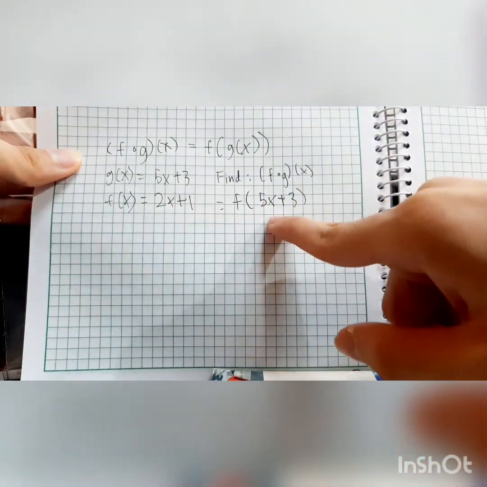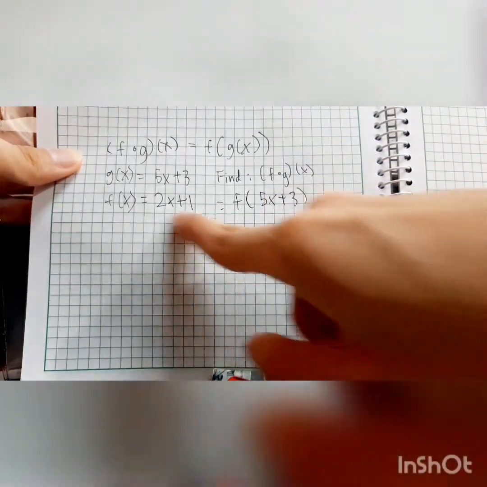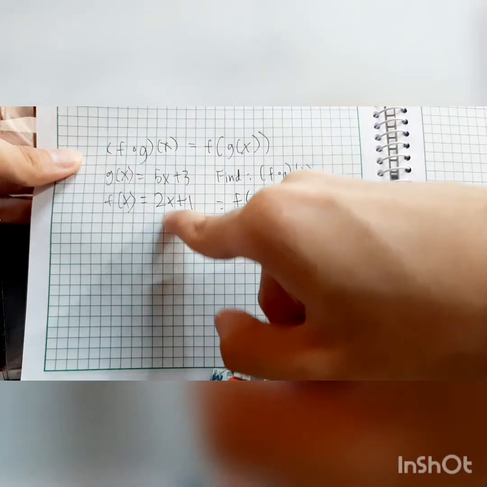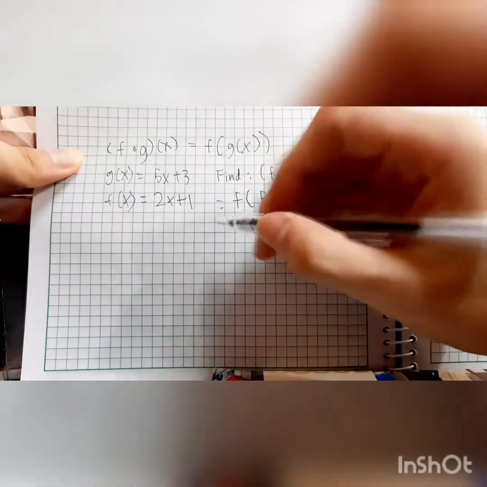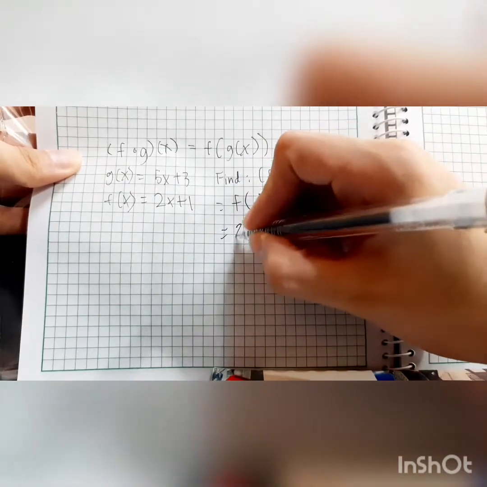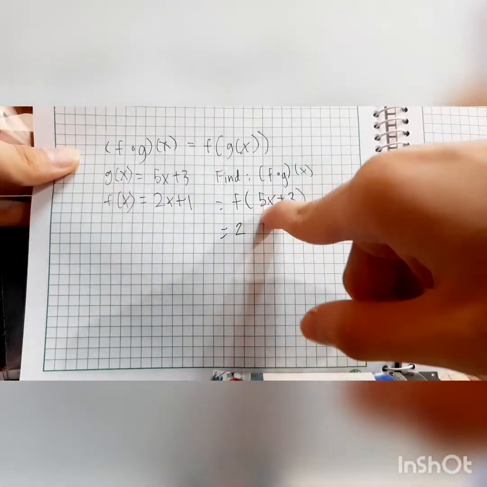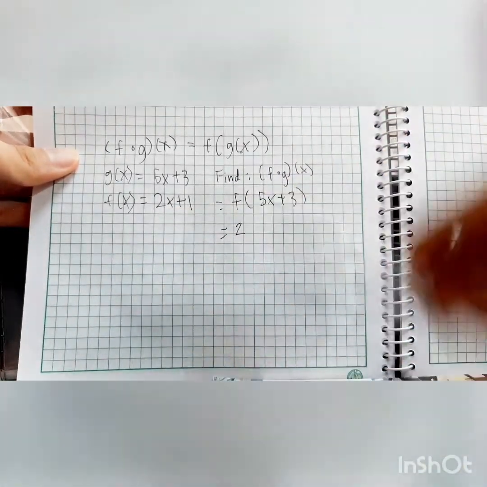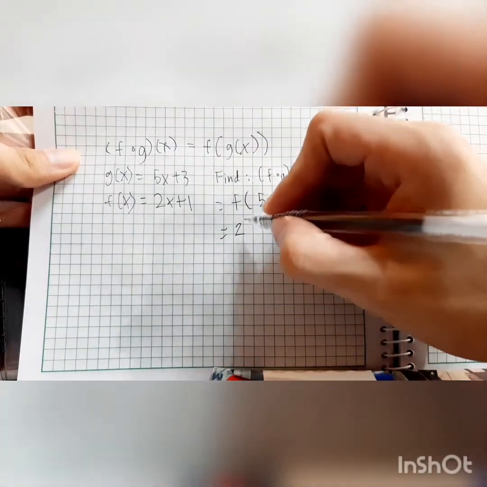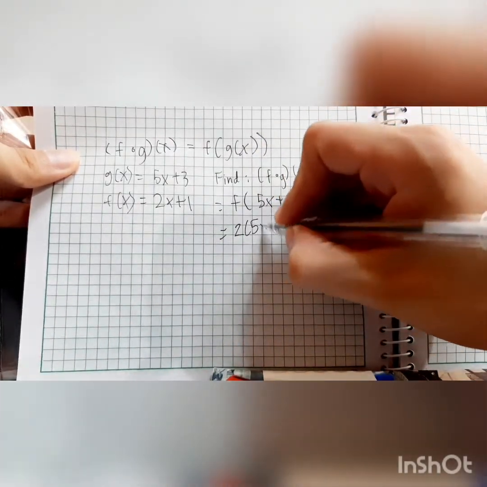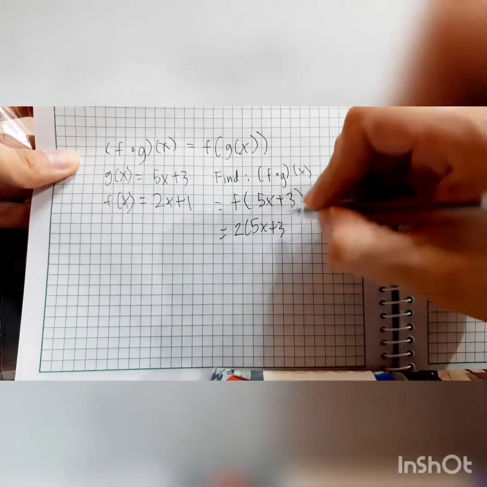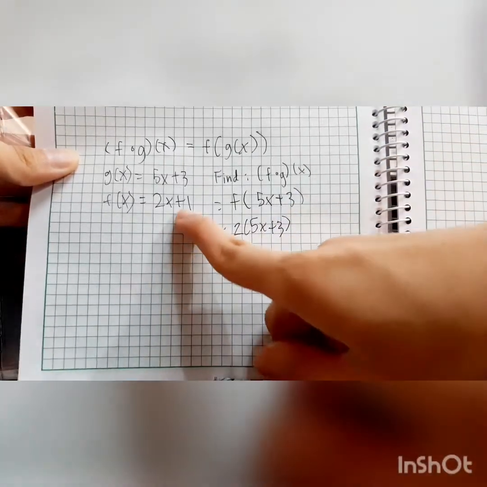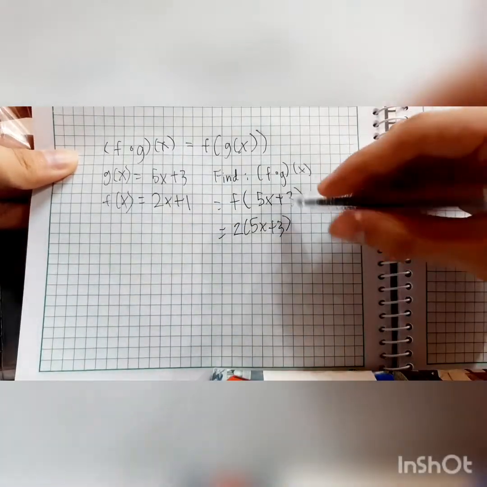We're going to be plugging in 5x plus 3 here in this equation. So it will look like this. 2, we're going to plug in again 5x in that x over here. So parenthesis 5x plus 3, close parenthesis, plus 1. So we put plus 1.